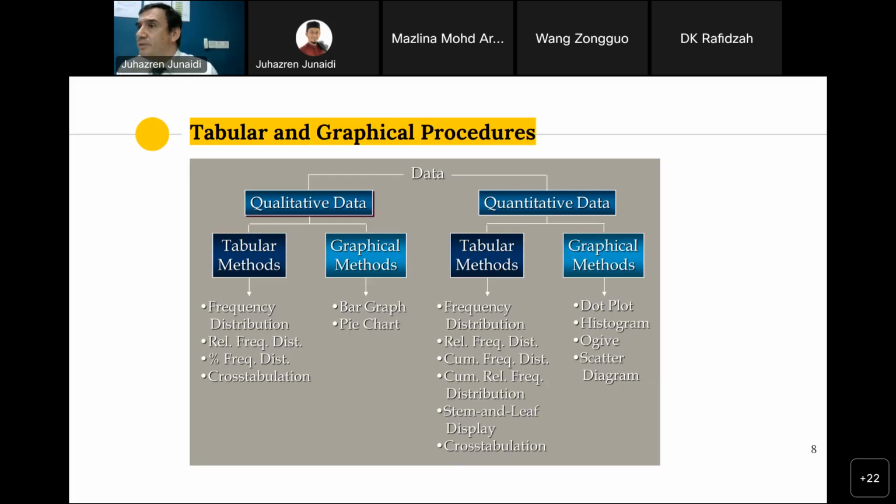You have qualitative data. For qualitative data, we can use the tabular methods like frequency distribution, this much of that, this much of this, and this much of that. We can have also relative frequency distributions, percentile frequency distribution, and cross-tabulation. In terms of graphical methods, we can use bar graphs or pie charts. Bar graphs, you might have seen them like histograms.